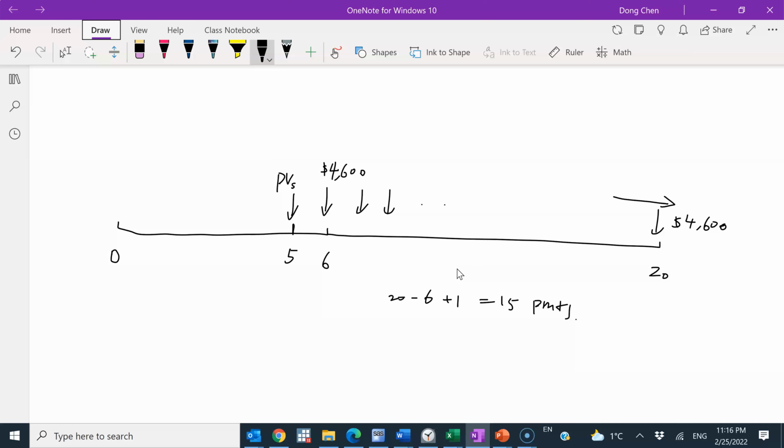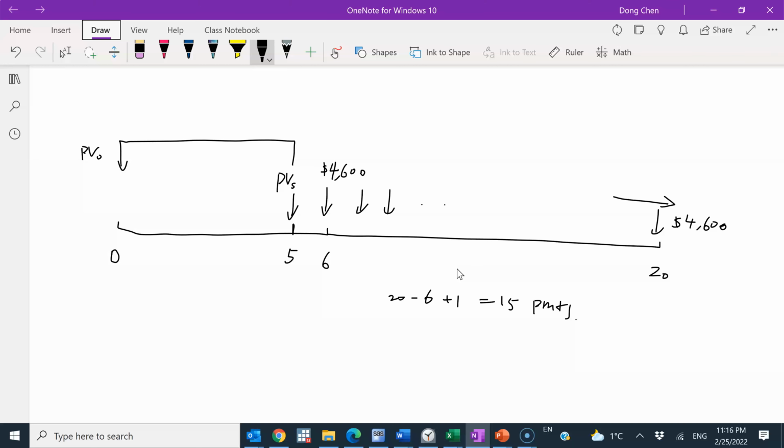Once we get this PV at year 5, the next step to get to the real present value at time 0 is simply to discount this year-5 present value 5 years back. In this discounting, we are only dealing with one single cash flow. Following these 2 steps gets us the true present value.